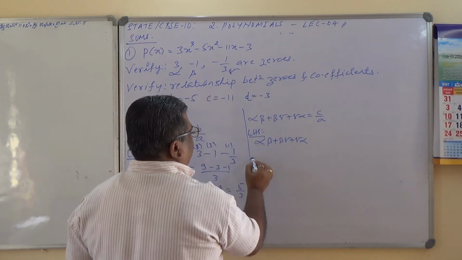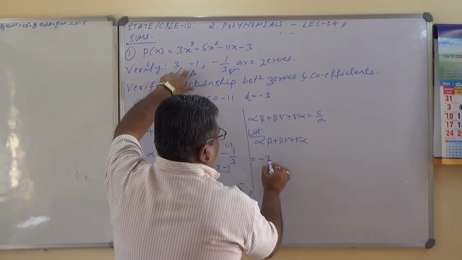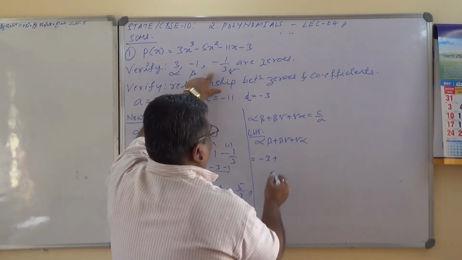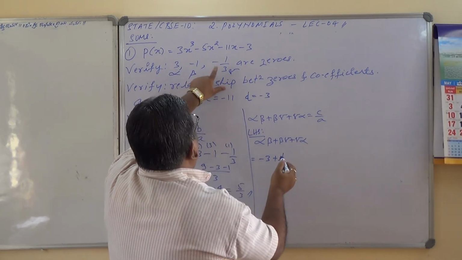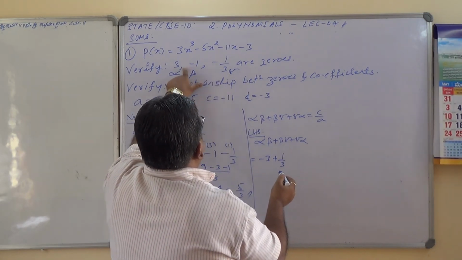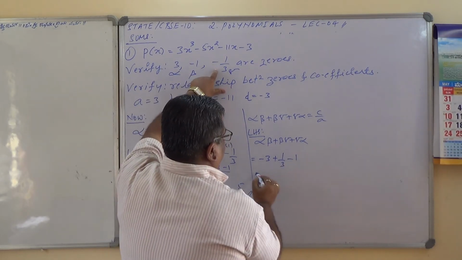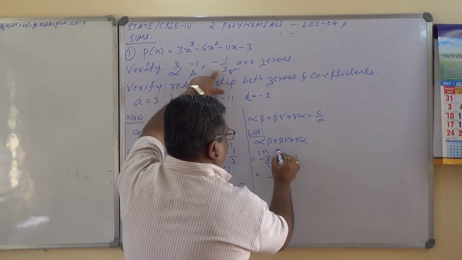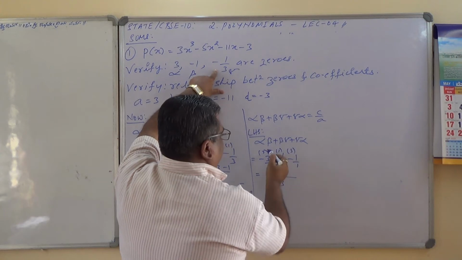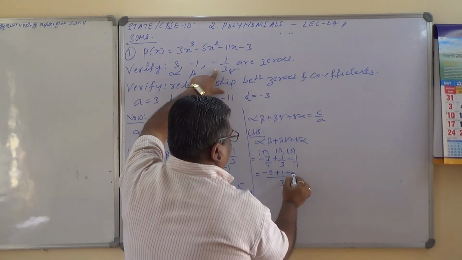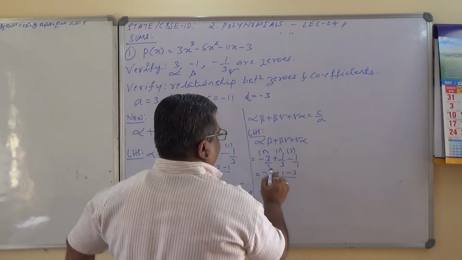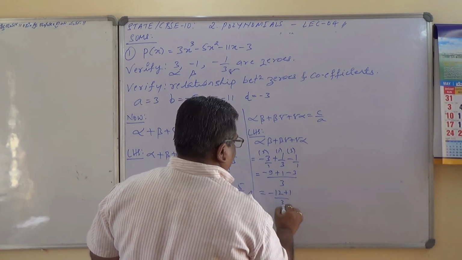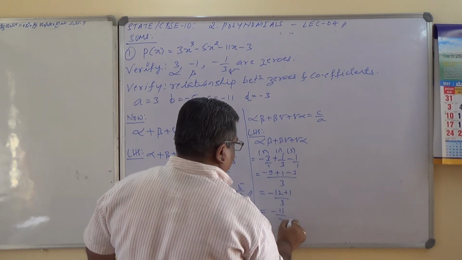I am taking a shortcut here. 3 into minus 1 is minus 3, plus beta into gamma, minus 1 into minus 1 by 3 is plus 1 by 3, plus gamma into alpha, this into this is minus 1. What is the LCM? 3 here. So this will be minus 9 plus 1 minus 3, which equals minus 12 plus 1, by 3, which equals minus 11 by 3.